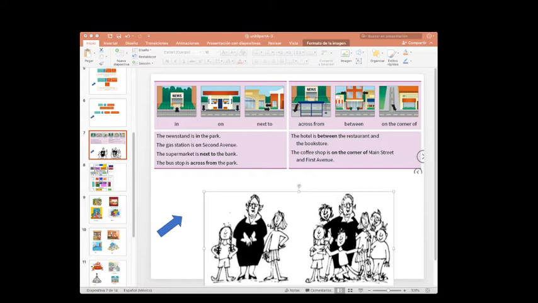The gas station is on 2nd Avenue. The supermarket is next to the bank. The bus stop is across from the park. The hotel is between the restaurant and the bookstore. The coffee shop is on the corner of Main Street and First Avenue.